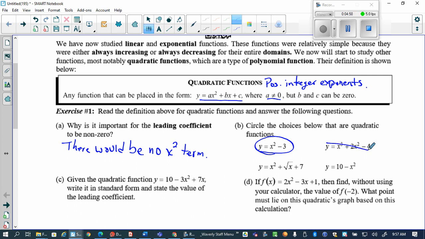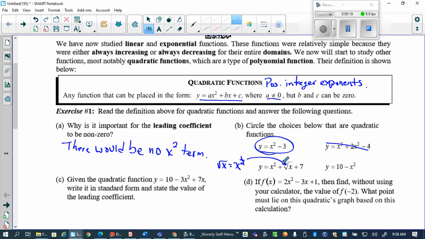What about this one here? y equals x squared plus the square root of x plus 7. Well, I will tell you that another way to write the square root of x is x to the 1/2 power. So that's not an integer exponent, right?